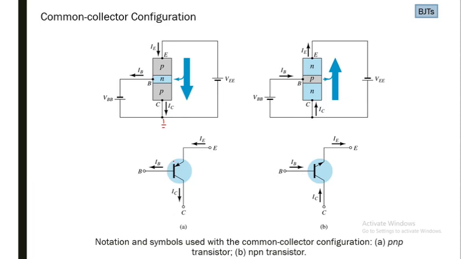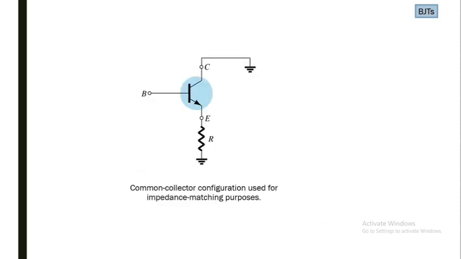And using symbols and current direction, these figures actually show the direction of currents. Common collector configuration is generally used for impedance matching, since the input impedance is quite high in this case.